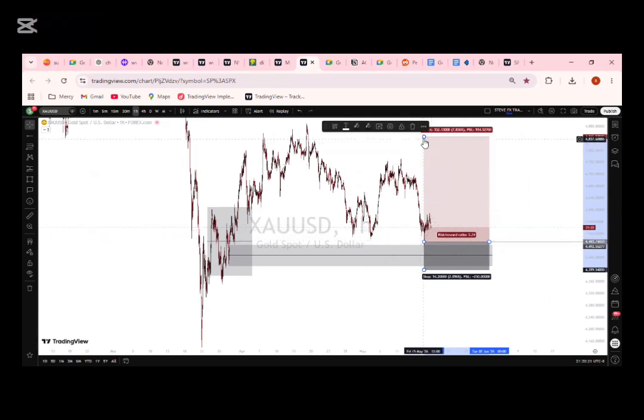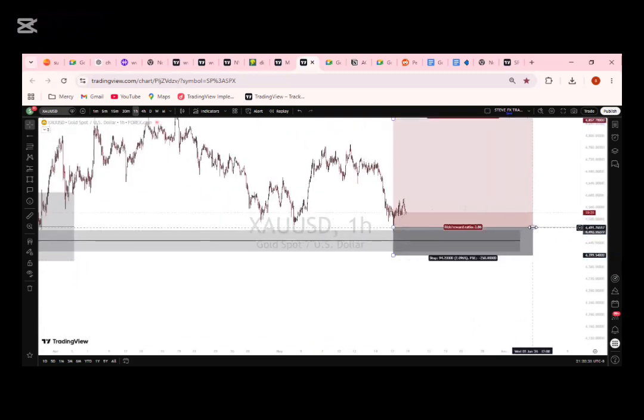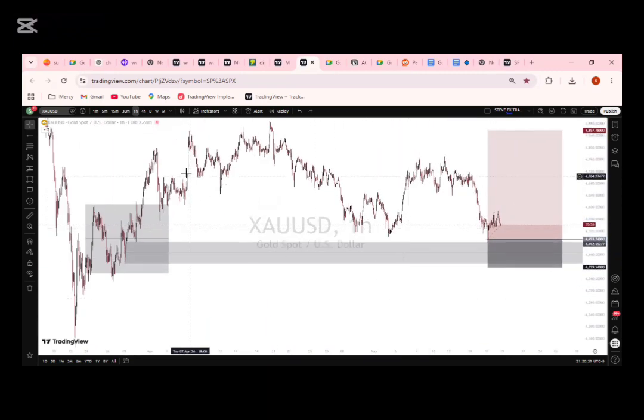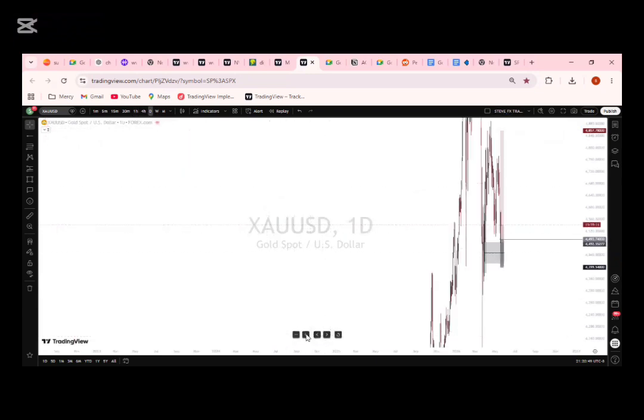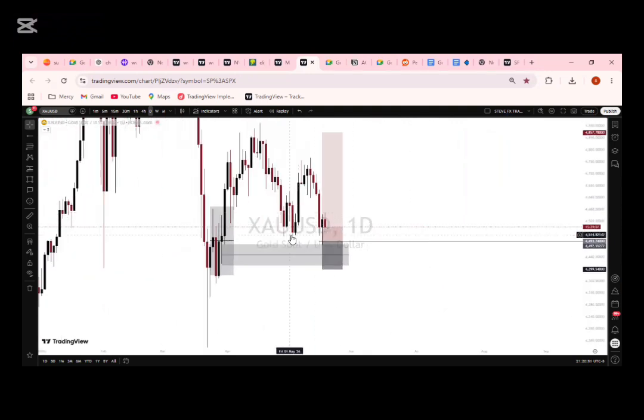If this is our trade, we are now getting about a 1:4 risk to reward ratio, compared to our daily time frame, where we were having about a 1:2 risk to reward ratio from entering from this order block.